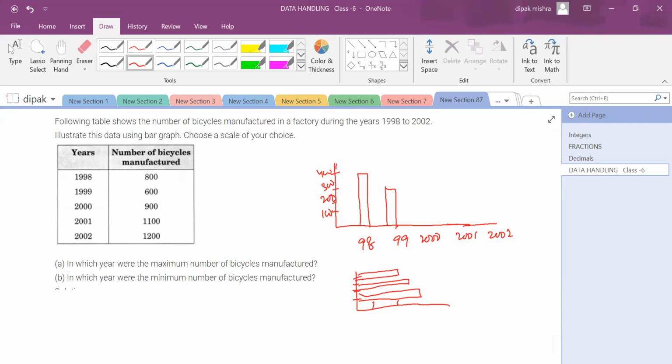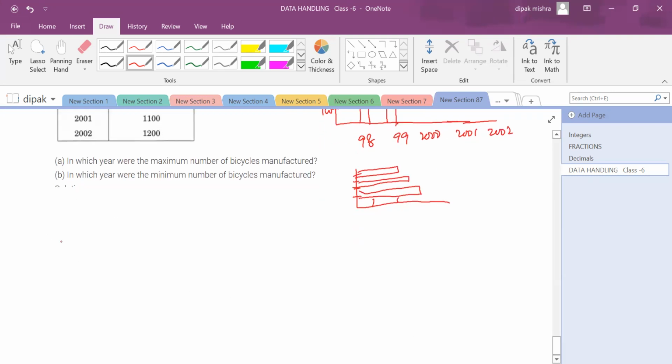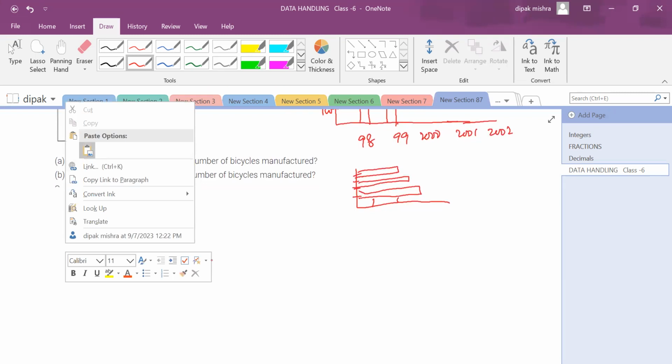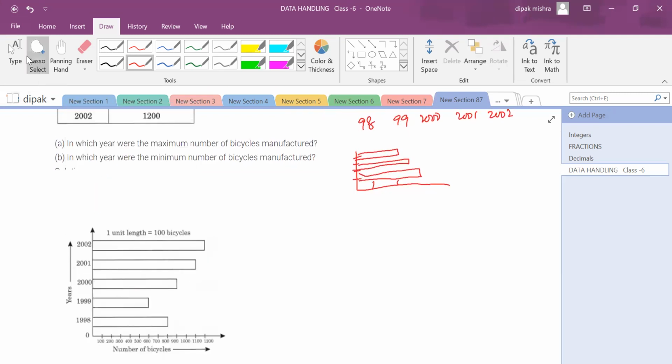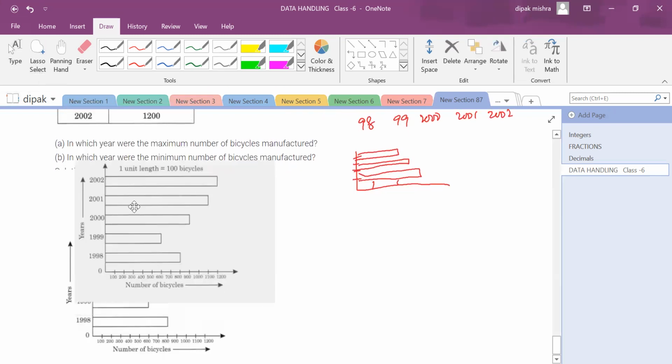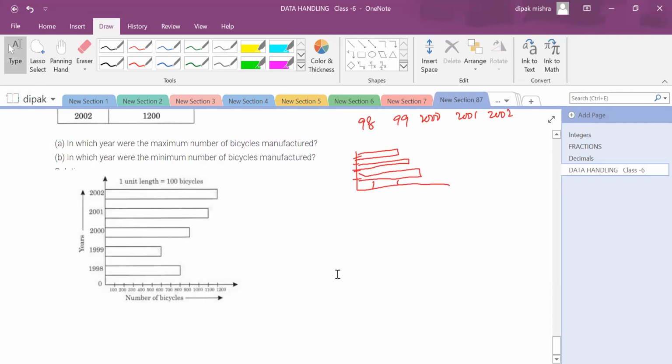I am just putting up a sample for you so that it becomes better to understand. Either you can do it horizontally or vertically as well. So I've done it horizontally over here, right? And this is how you interpret the graph. Now, if you see over here, in which year were the maximum number of bicycles manufactured?